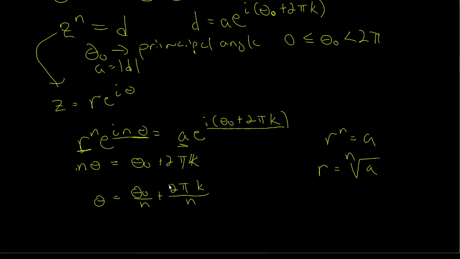And what we want to notice is that these start repeating themselves as it moves through. So we can get one distinct value after n repetitions. If I look at this here, this comes back to 2 pi when k equals n, so I get a repetition.